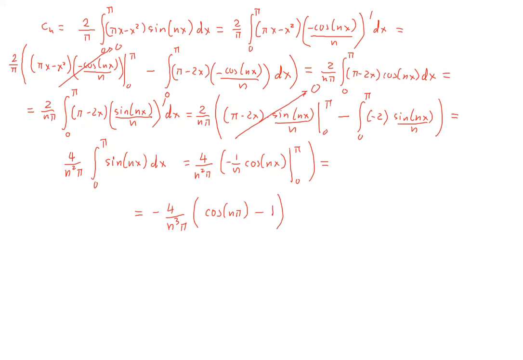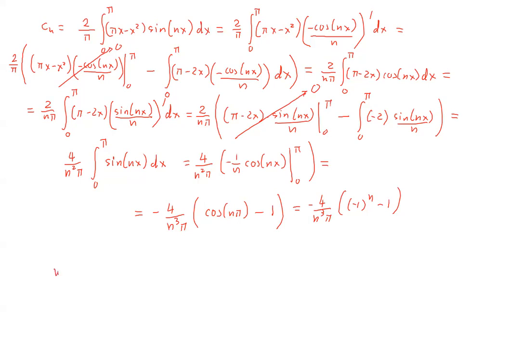But we said before what cosine of n pi is, and I do want you to know this. I do want you to be using this properly. So it's negative 4 over n cubed pi times negative 1 to the n minus 1. There is a further simplification to be made here, but let's wait to see what that is going to be. For the moment being, let's take it to be this one. And we can write down our solution, right?